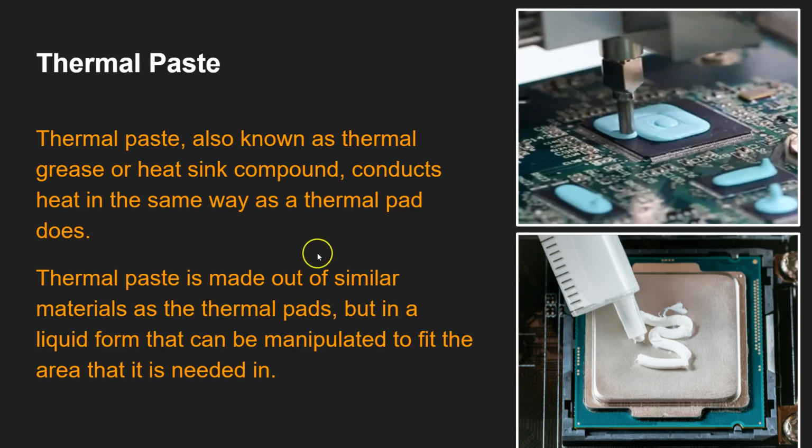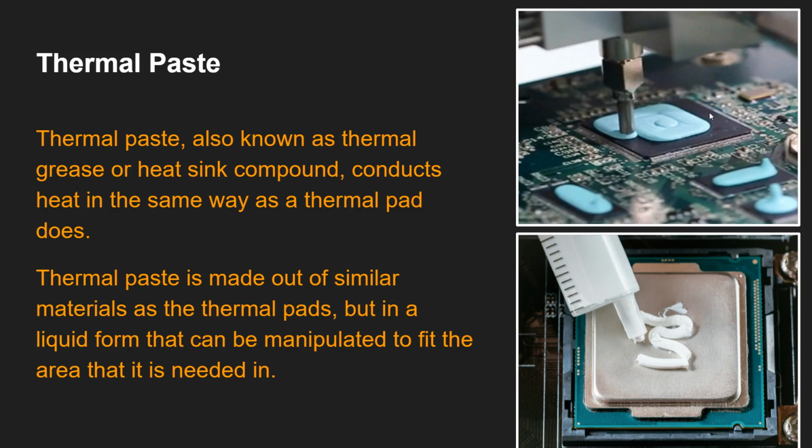As you can see on the right side, this is the picture showing thermal paste on the printed circuit board. By applying the thermal paste between the hot component and its heat sink, the paste will fill in any air gaps between the two.